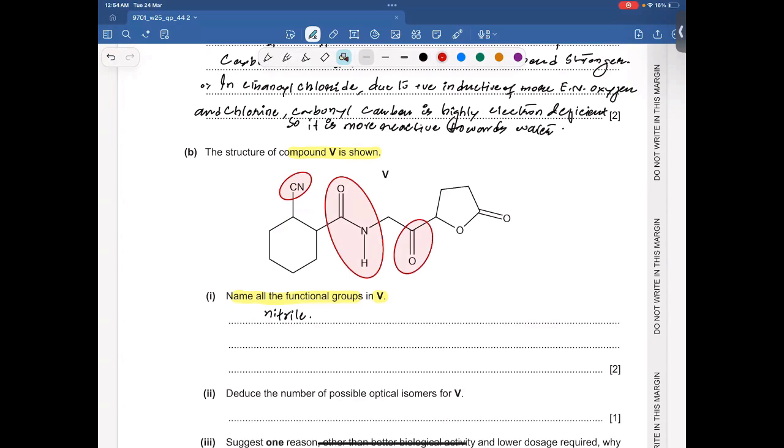This one is ketone. And this one is obviously an ester. Okay.